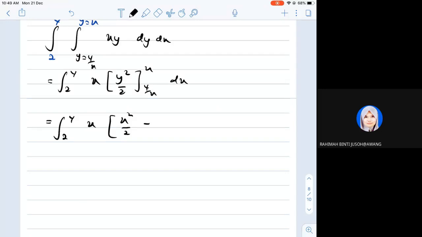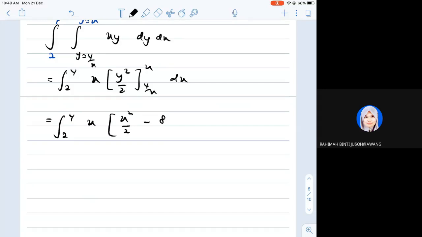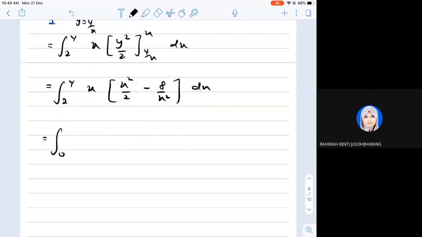So 16 over x squared should be 16 divided by 2, 8 over x squared. dx, so multiply everything with x. x cubed over 2 minus 8 over x, dx.